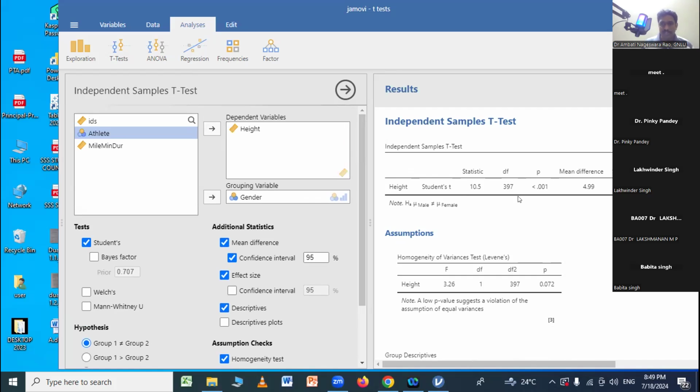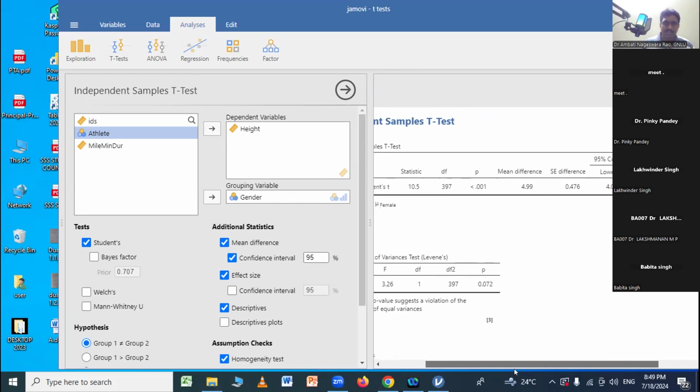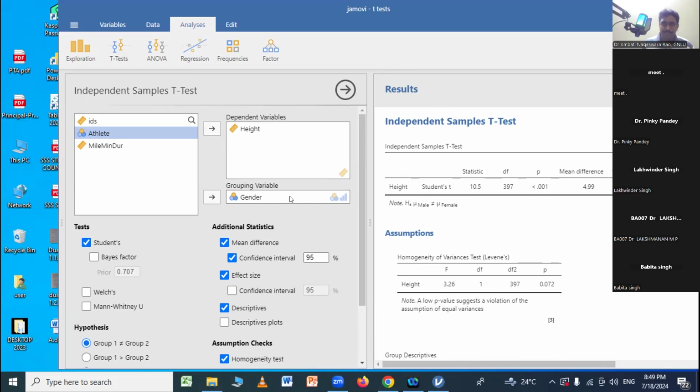Very good, sir. Thank you so much. I hope it is clear to you, sir. Not only conducting, but also how one can interpret each and every value. Dr. Lakshman, you can unmute your system.